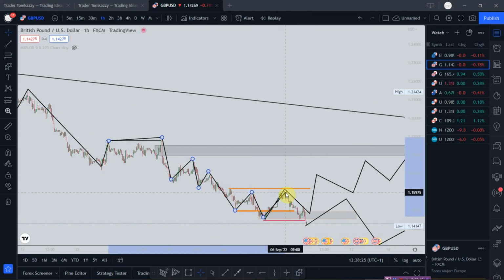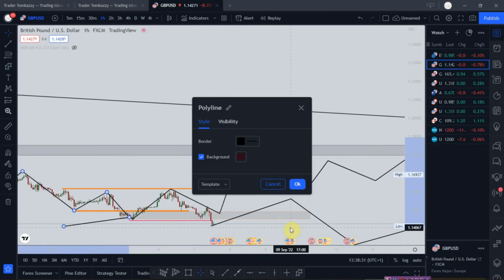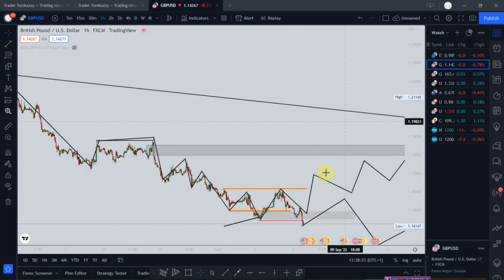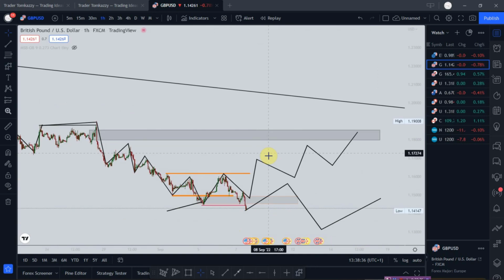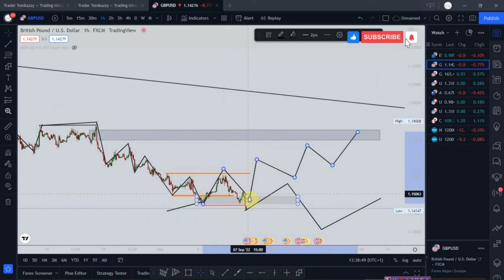I think that's why the market really went down again. That's why the market went down and equity started. I was thinking it was going to go up. But I was expecting it to break this one first, this yellow line, and it couldn't break it. So if it had broken it like this, I think that was the initial draw.